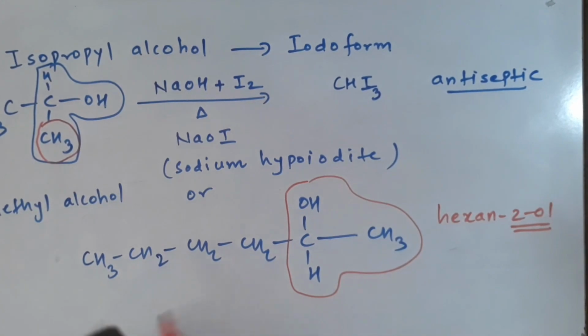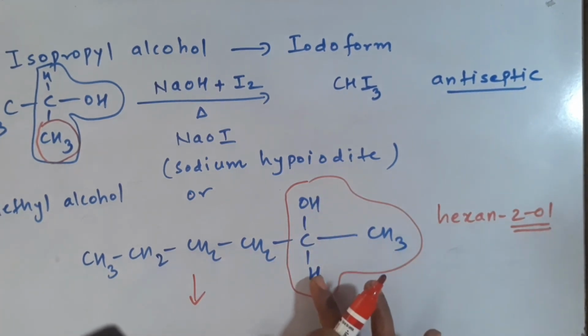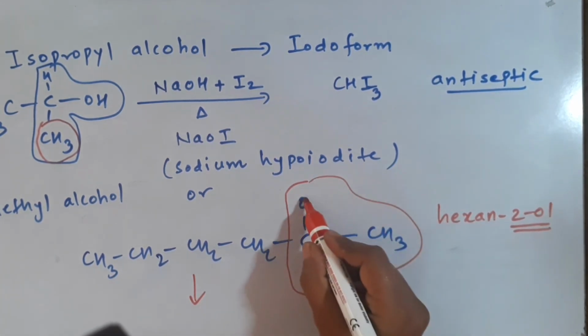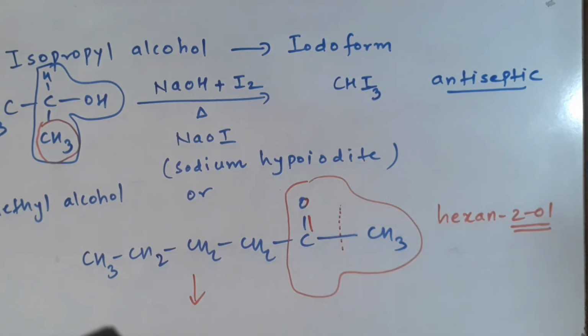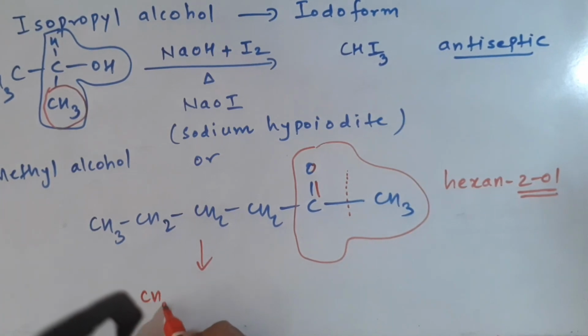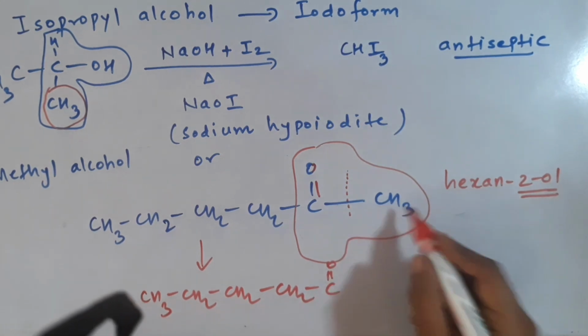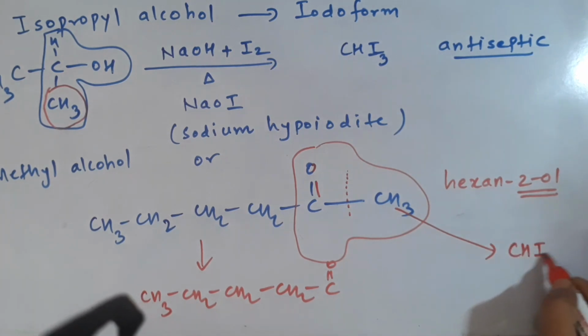Now what will we do after that? First step, what did I tell you? Oxidation. So you will remove the alpha hydrogen and the hydroxyl hydrogen. Remove this, I'll get double bond O. And in the next step we broke this and got two fragments, CH3CH2CH2CH2C double bond O, and from here this will automatically get converted into iodoform, CHI3.